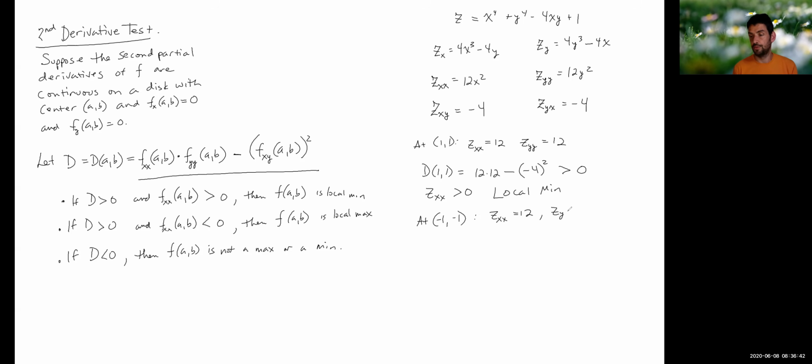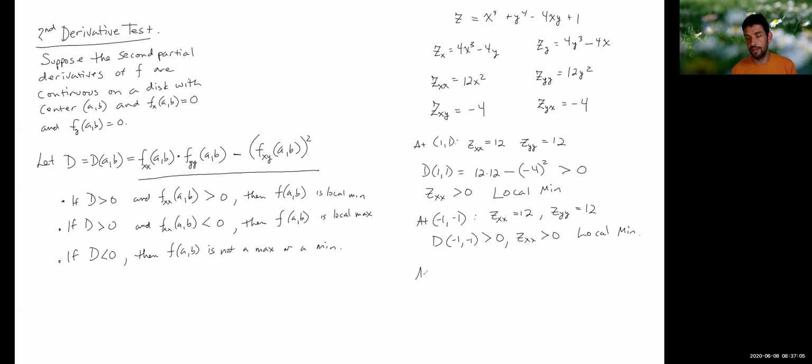This derivative has y squared, so even though we're putting in a negative, we get the same numbers. And D at (-1, -1) is going to be precisely the same, so it's also going to be positive. And we already know that this is positive. We also have a local minimum.